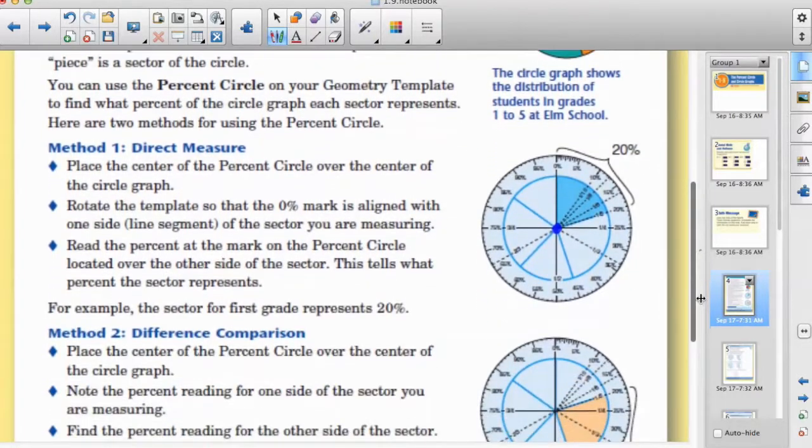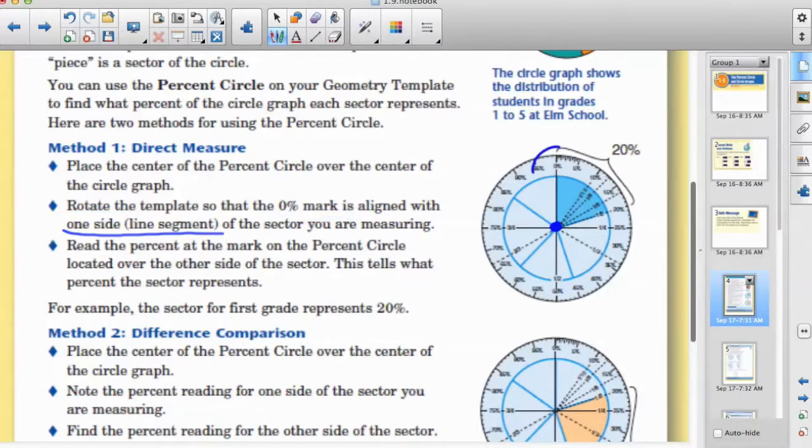Once the center of our percent circle is on our circle graph, we want to make sure that we rotate the template so that the 0% mark is aligned with one line segment of the sector that you are measuring. You'll notice that from the center, you've got 0% right up here at the very top of your percent circle.